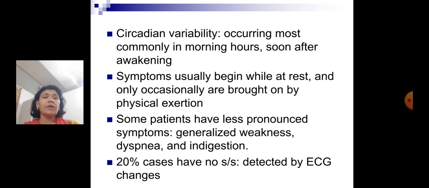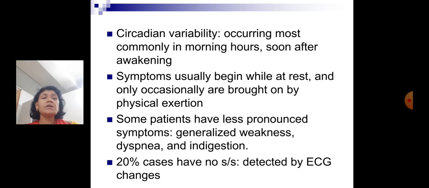Circadian variability. Most commonly, it's been seen that the events of MI occur in the morning hours, soon after awakening. Symptoms usually begin while at rest and only occasionally are brought on by physical exertion, in contrast with chronic stable angina.